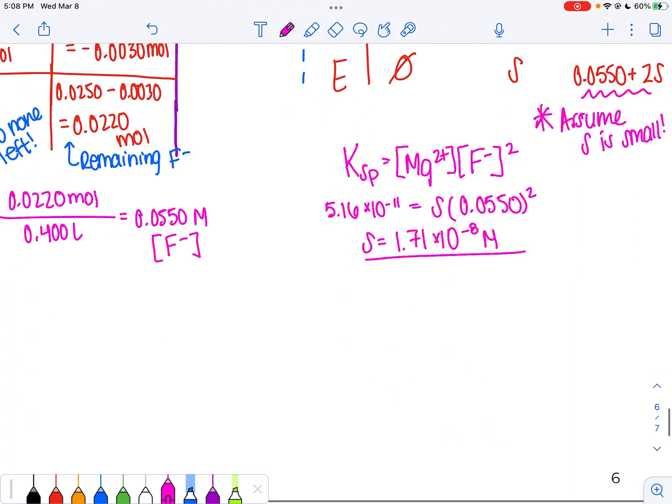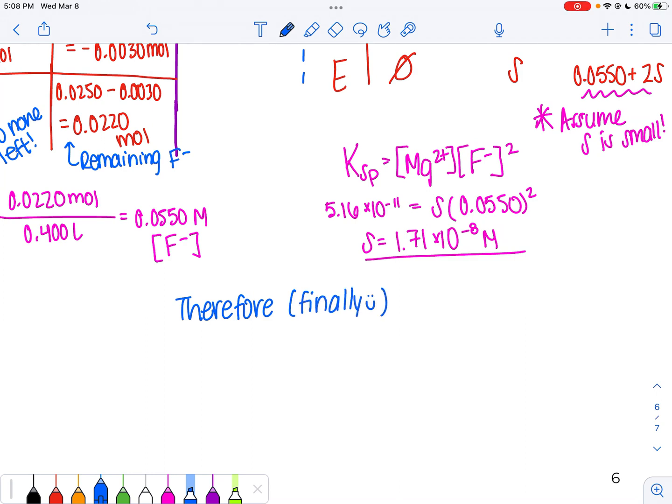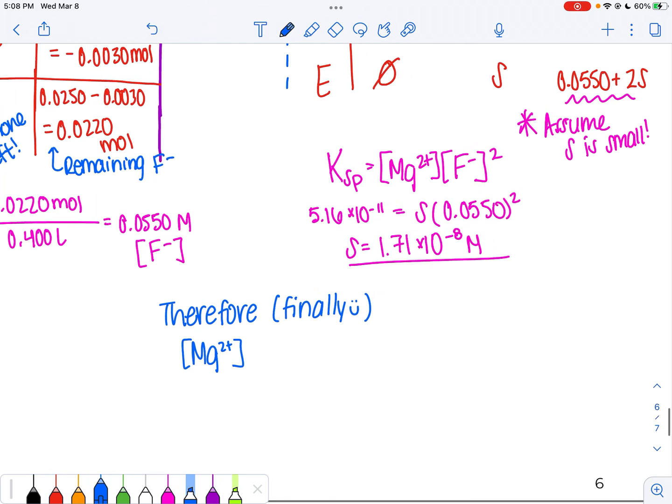So finally, after all this work, what we can figure out is the concentration of our magnesium and our fluoride ions in solution. So therefore, finally, our concentration of Mg2+ is equal to S, and we said our S value is 1.71 times 10 to the -8th molar.